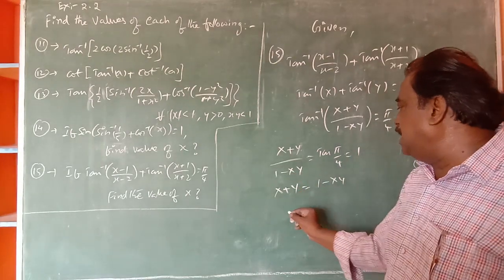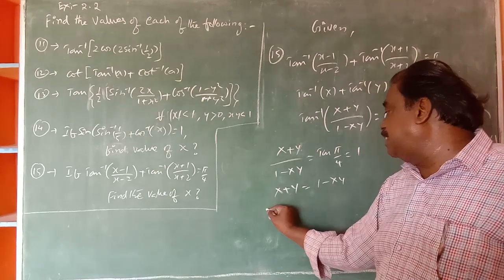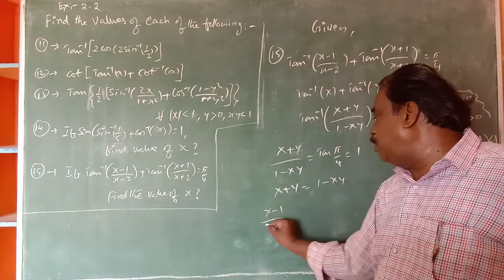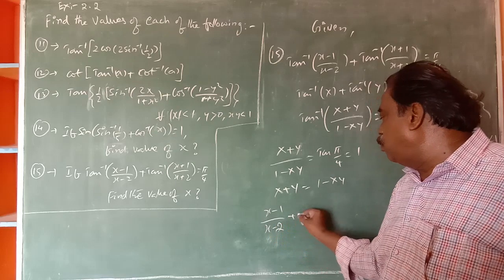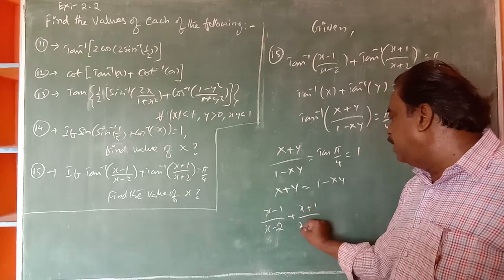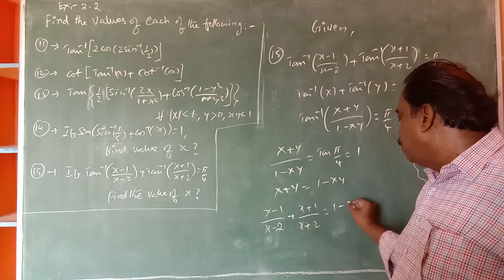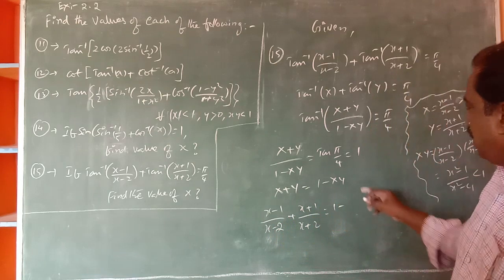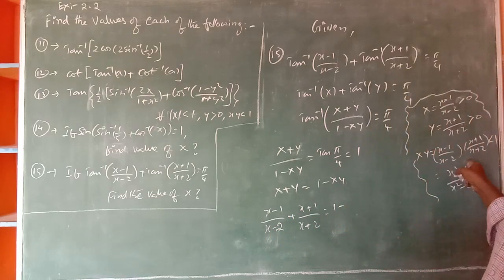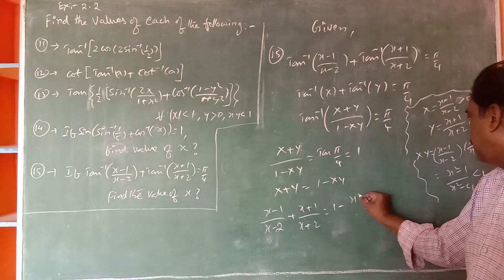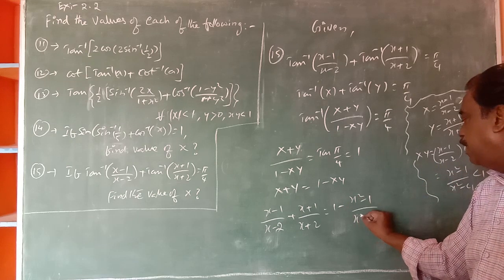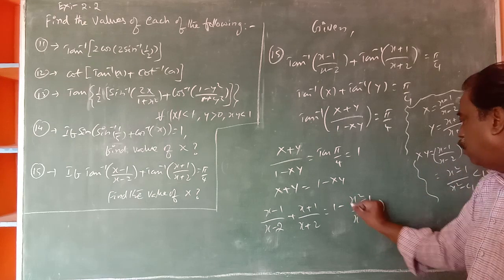What is X? X is (x minus 1)/(x minus 2). Y is (x plus 1)/(x plus 2). Then 1 minus XY is 1 minus (x square minus 1)/(x square minus 4).